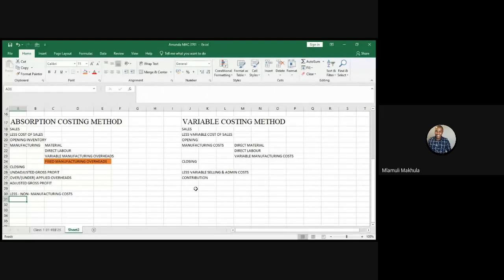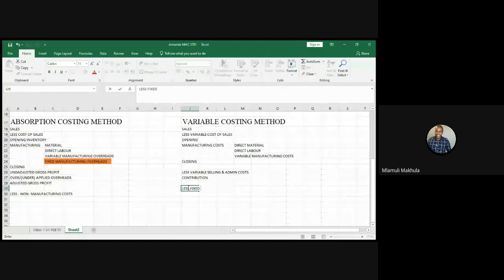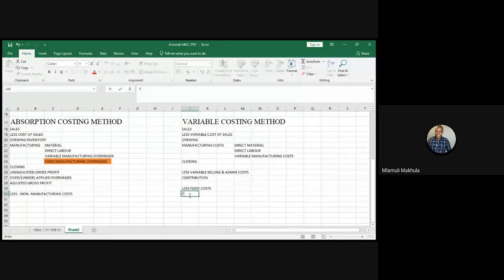And then this side, you'll say less fixed costs. Your fixed cost this side will include fixed manufacturing overheads. As a principle, I want you to master it from here, because your friends do not know them. This will be actual fixed manufacturing overheads. I'll explain the concept just now.